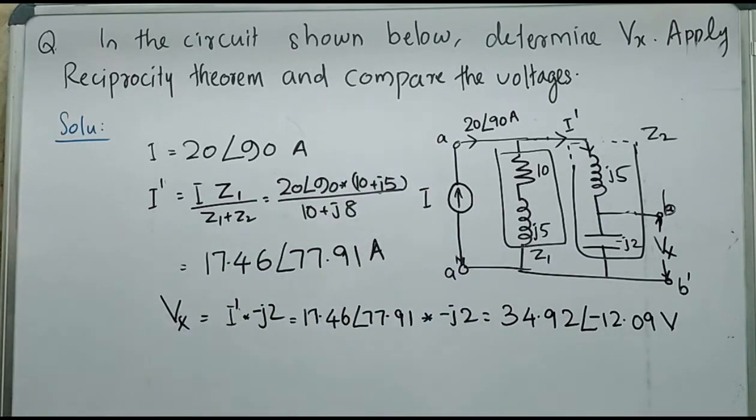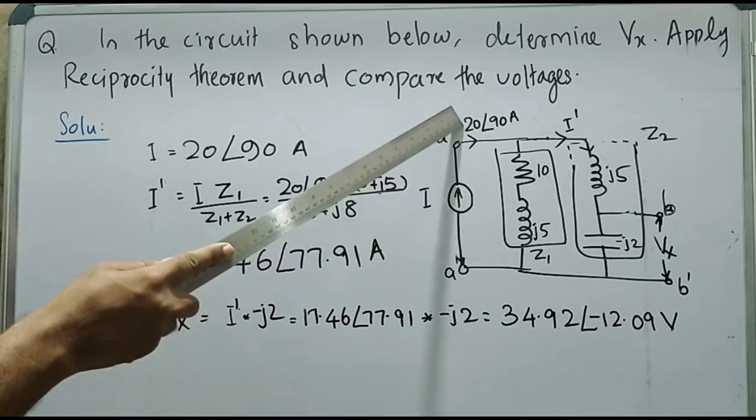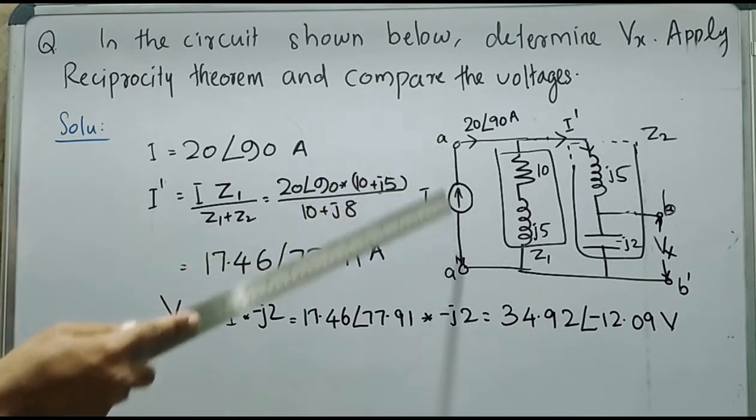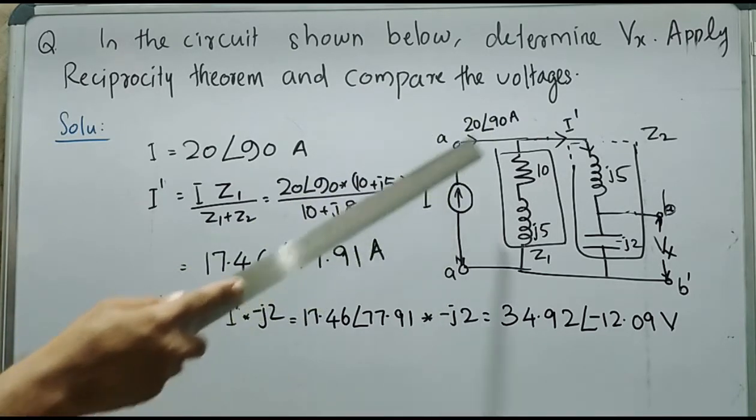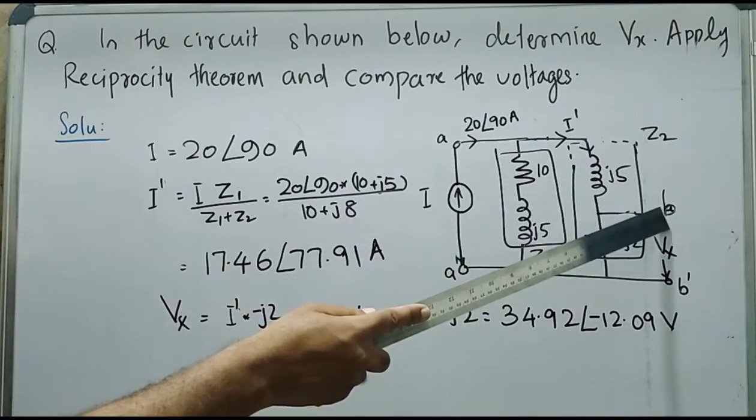In the second case, we need to remove this independent current source having value 20 angle 90 from branch A, and we need to connect that independent current source across branch BB dash.